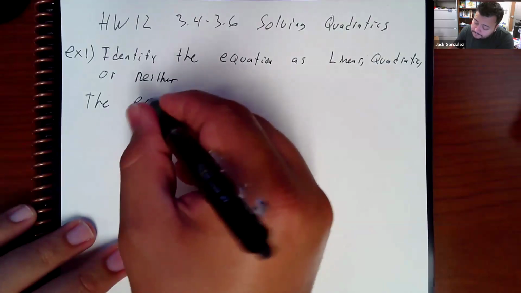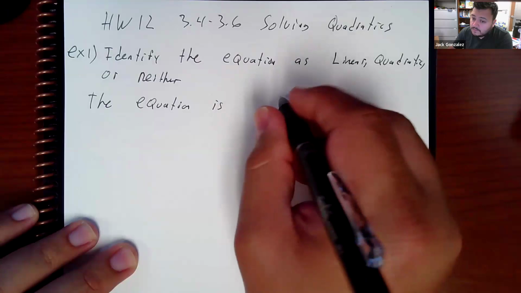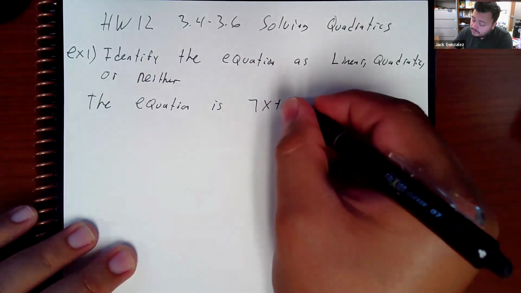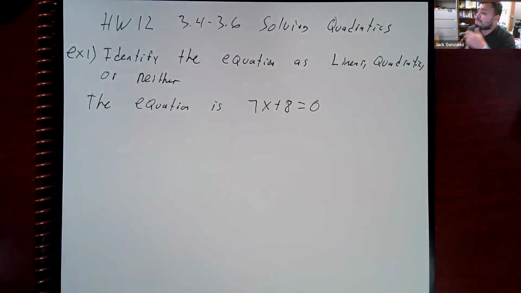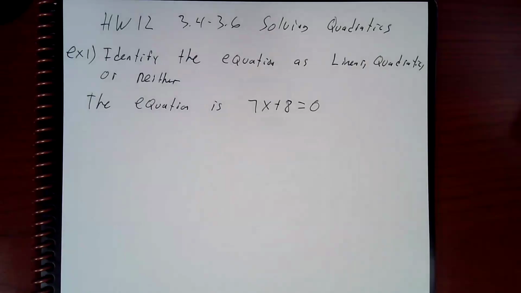The equation is 7x plus 8 equal to 0. What do y'all think? Is it linear, quadratic, or neither? Neither.